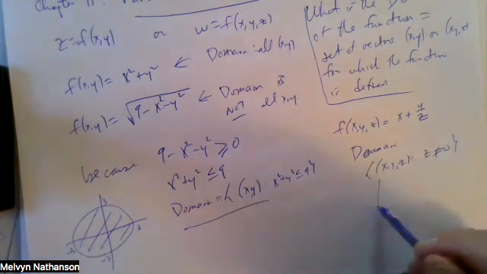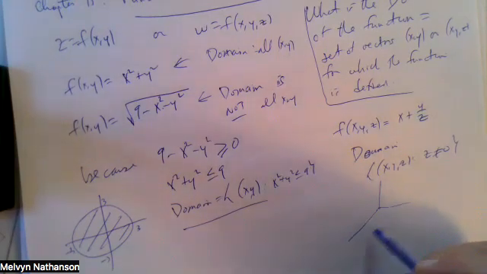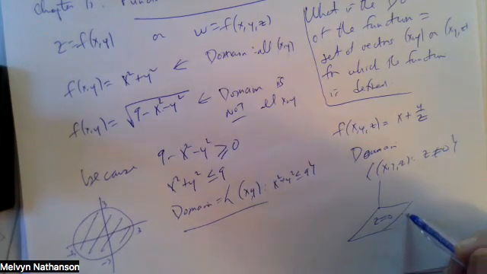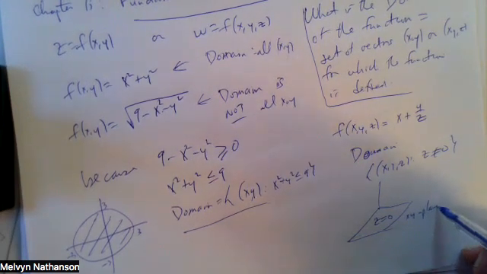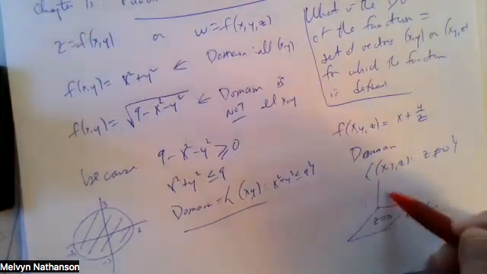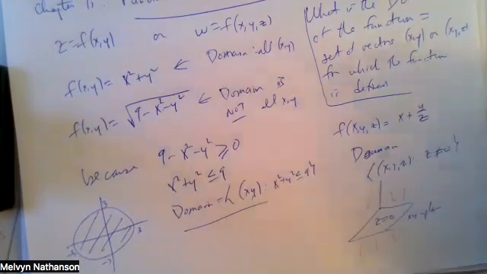If you looked at this in space, z equals 0 is the xy plane. So the domain is everything either above the xy plane or below it. You can't have z equals 0.